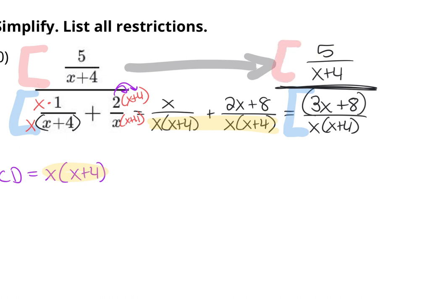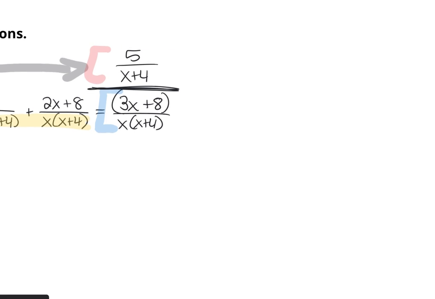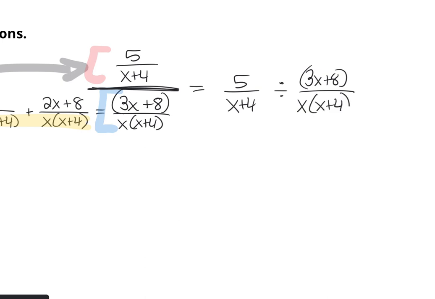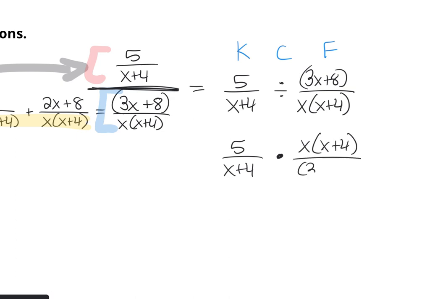So we rewrite it as division now. 5 over x plus 4 divided by 3x plus 8 over x times x plus 4. Keep, change, flip. Keep my first one, 5 over x plus 4, times, flip the next guy, x times x plus 4 over 3x plus 8.